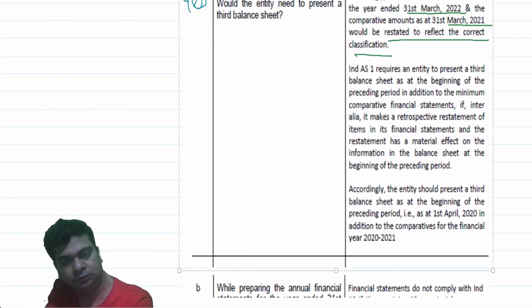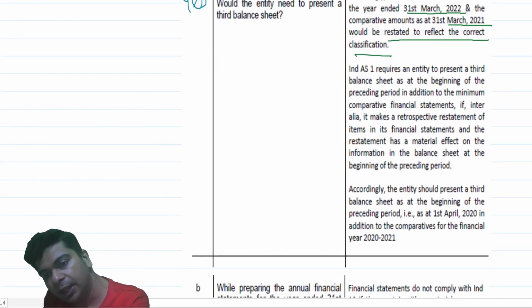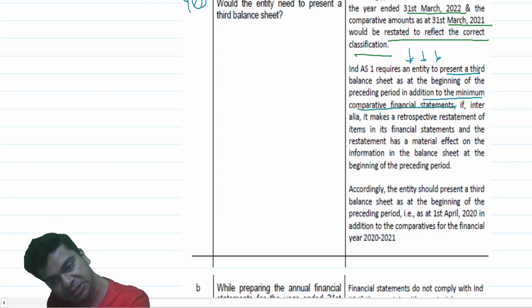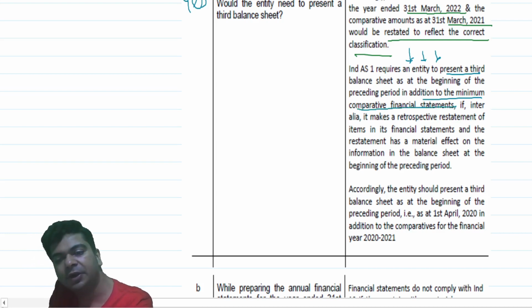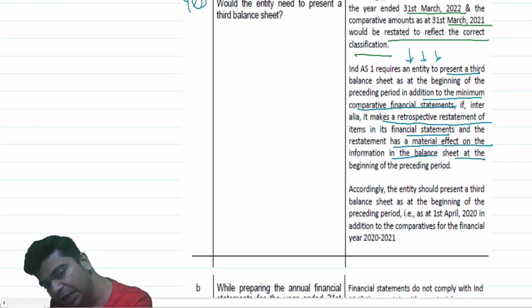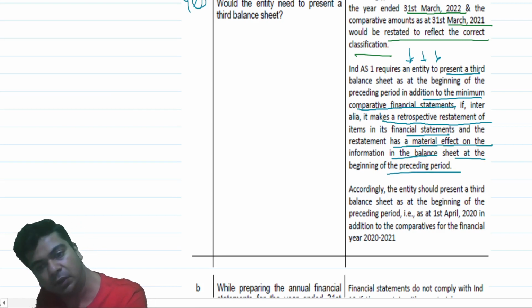Okay. Now they are saying, Ind AS 1 requires an entity to present a third balance sheet as at the beginning of the preceding period, in addition to the minimum comparative financial statements, if it makes a retrospective restatement of the items in its financial statements, and the restatement has a material effect on the information in the balance sheet as at the beginning of the preceding period.